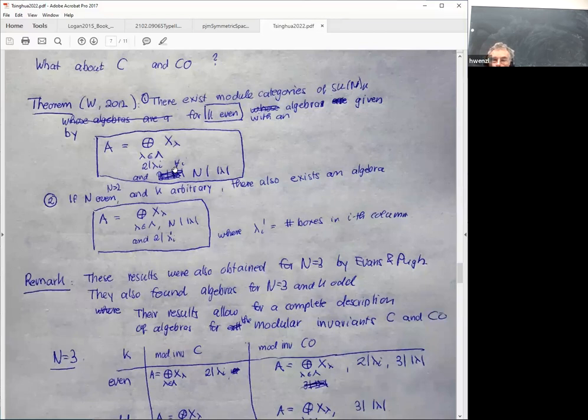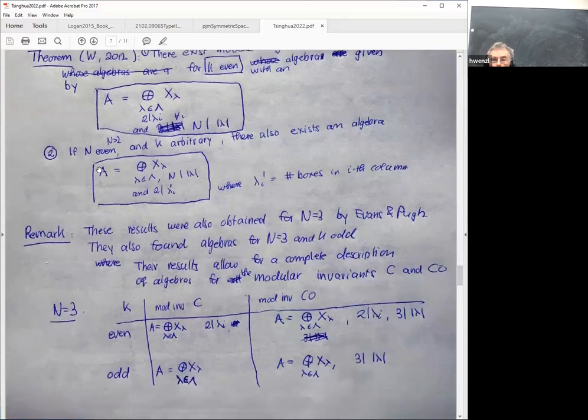Similarly, if N is even and K is arbitrary, one actually gets a second algebra where now, again, N has to divide the number of boxes of the Young diagram, and now 2 has to divide the number of boxes in each column.